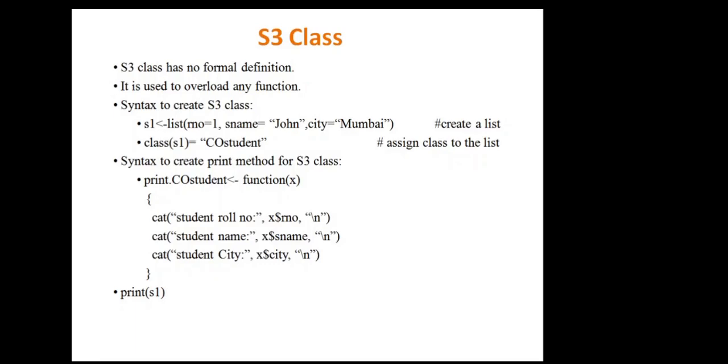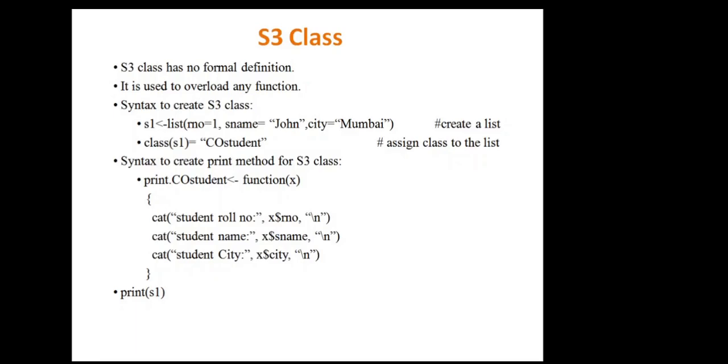That's why it is said that S3 has no formal definition, because generally whenever we create any class in any object oriented programming language, first we create a structure of that class, we define data members in that class, and whatever objects we create for that particular class, all the objects have the same number of attributes.